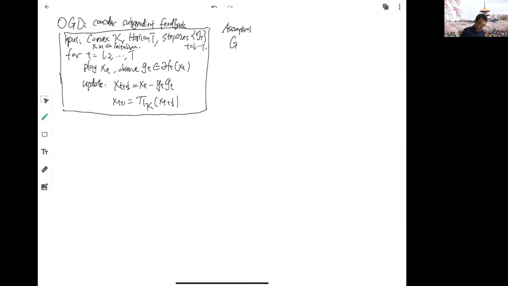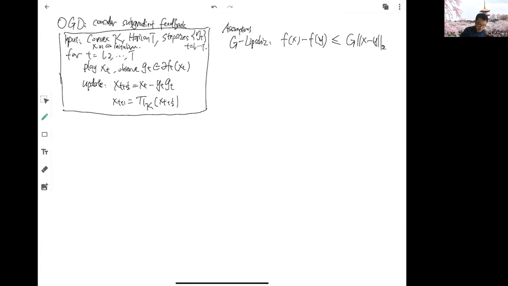So we assume that the sequence of functions are all G-Lipschitz, which says that for any x and y, f(x) minus f(y) is smaller than G times the norm of x minus y. So that's the standard definition of Lipschitzness of a function.